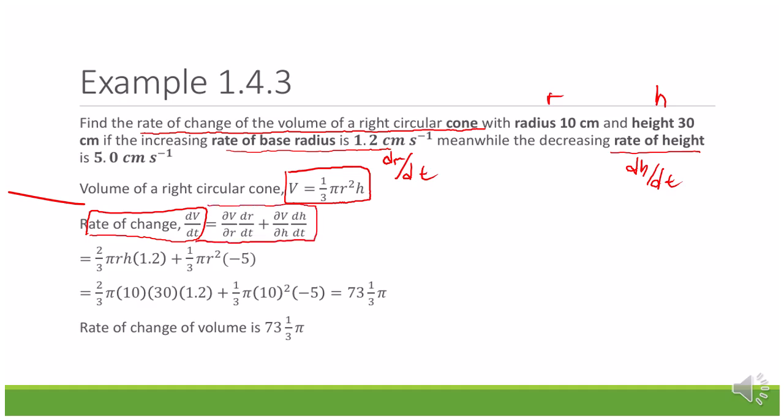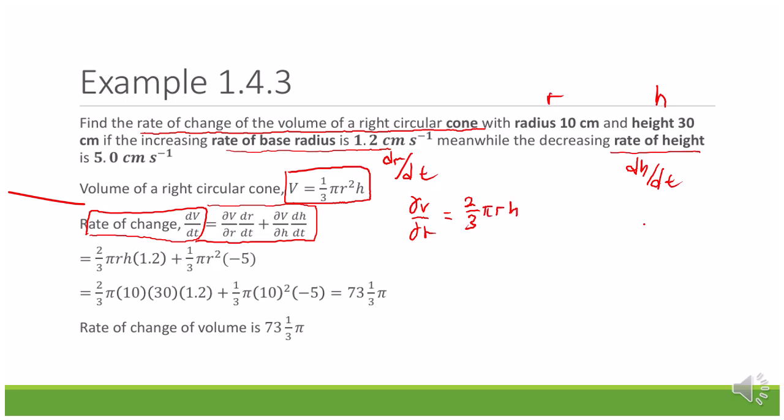Okay, so we need to consider what is dV/dr. dV/dr is differentiating with respect to r, so it will be 2/3 pi r h.